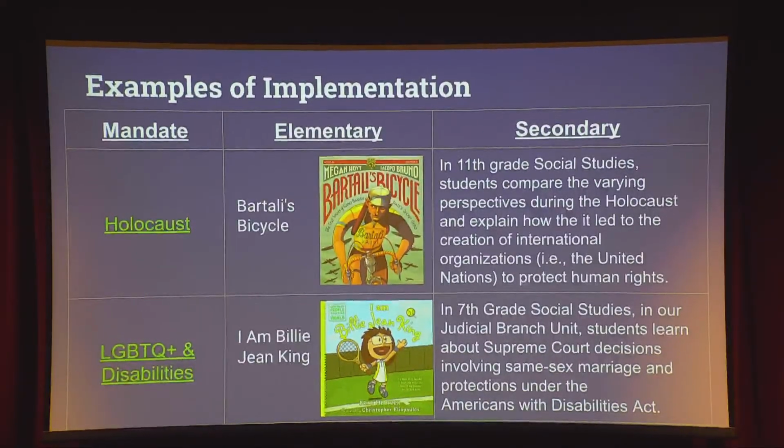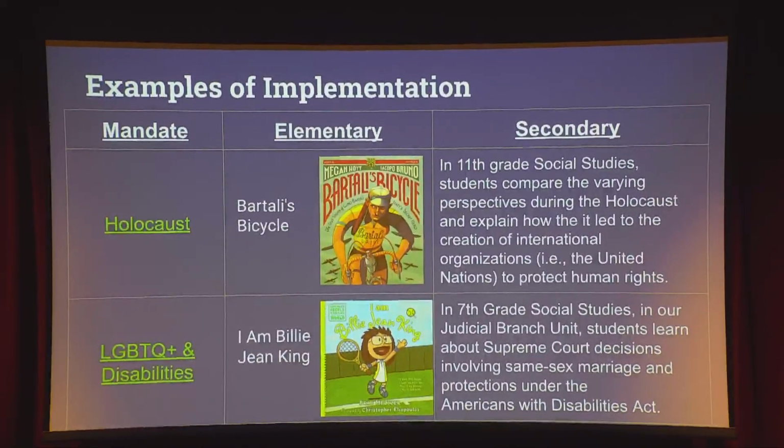And again, there are many other times from middle school on up, but I'm just giving this one example in the 11th grade, talking about the various perspectives of the Holocaust, how it led to the formation of the United Nations.